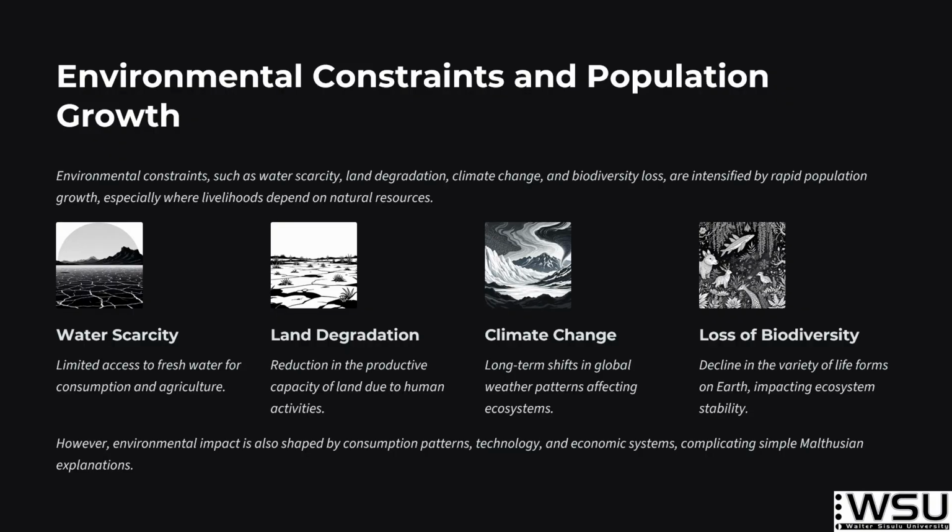When we're talking about environmental constraints such as water scarcity, land degradation, climate change, and biodiversity loss, these are intensified by population growth, especially where livelihoods depend on natural resources. This is what is being said, that constraints such as water scarcity, land degradation, climate change, and biodiversity loss are because of rapid population growth. It could be true, but it could also not be true.